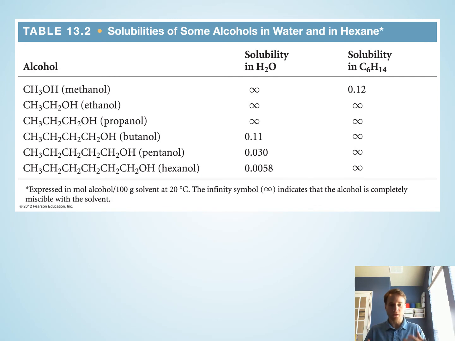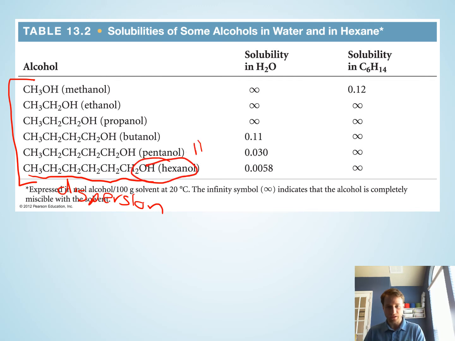Okay, so to further emphasize this point, we look at the solubility of certain alcohols in water, where as I go from the top of this table to the bottom, I'm increasing this bulky carbohydrate chain that just has dispersion interactions. Along here, I just have dispersion interactions, and then at the very end, I have this H bonding.